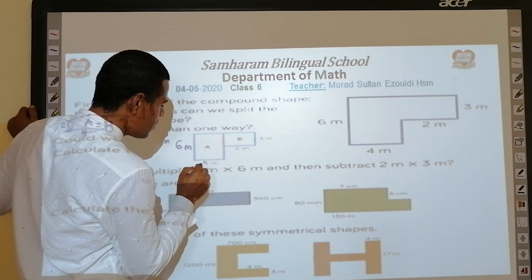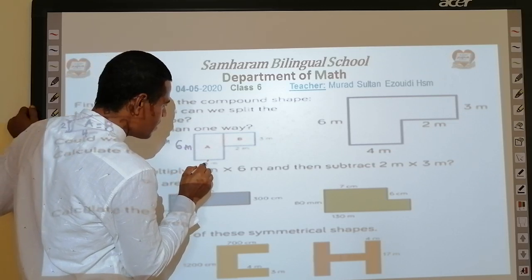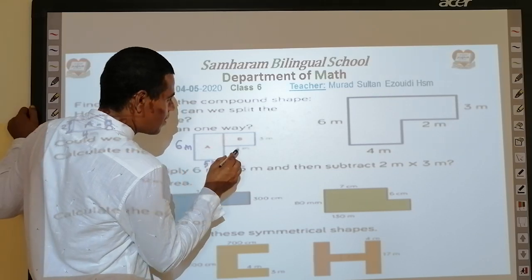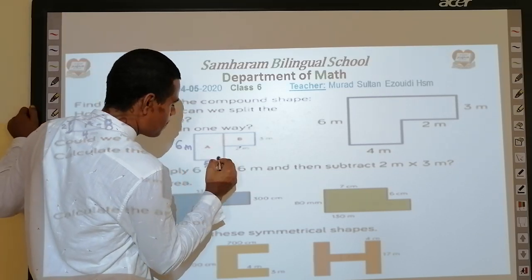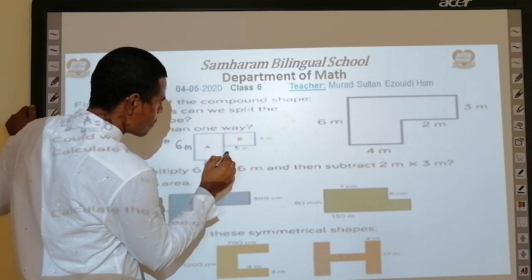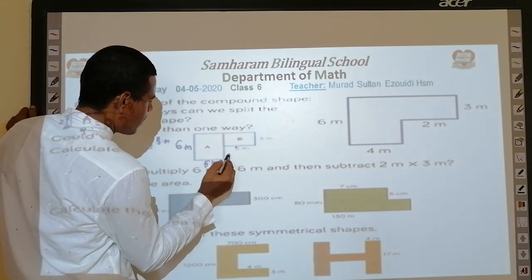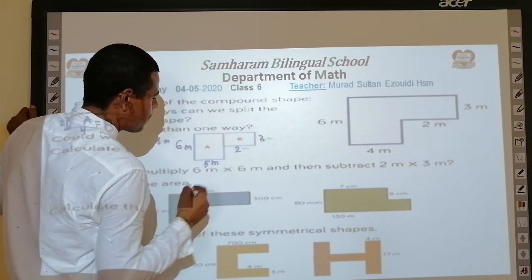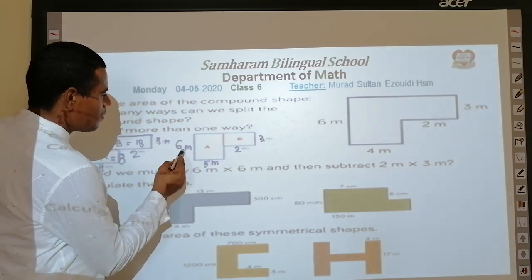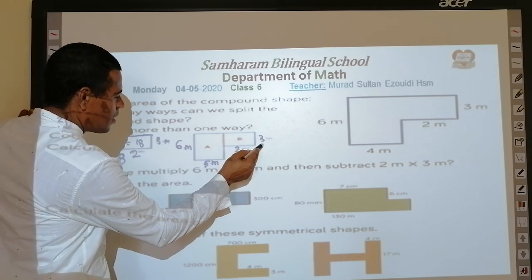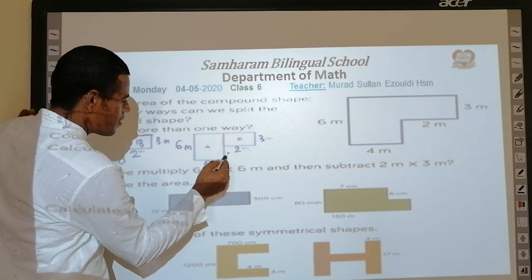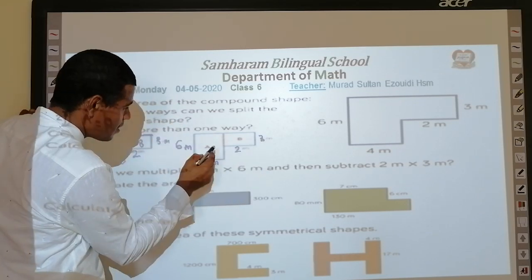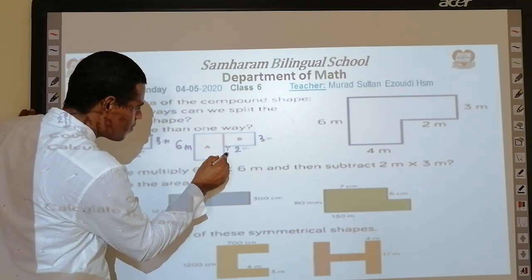Another example. This is, for example, 5 meters. This is 6, this is 2, and this is 3. Look, my learners, 6 minus 3 is 3, which means this is also 3, from this to that.